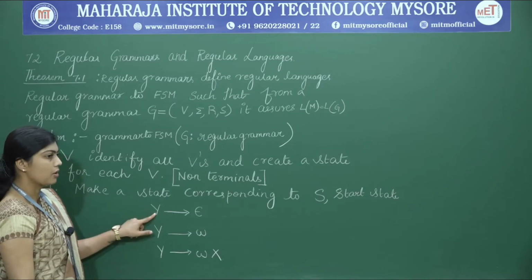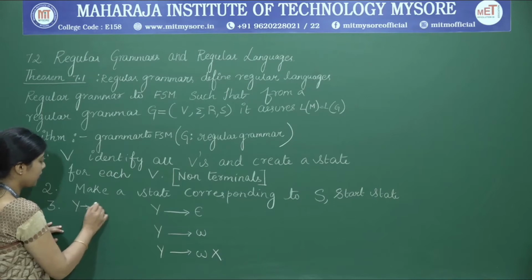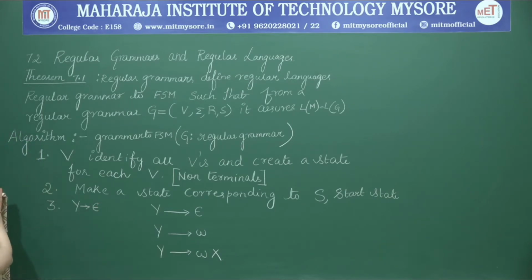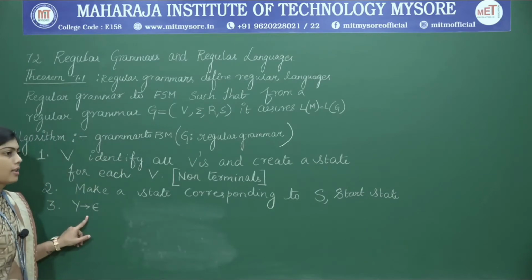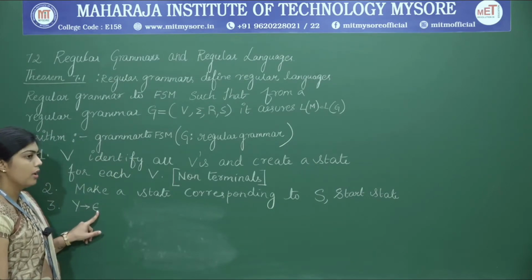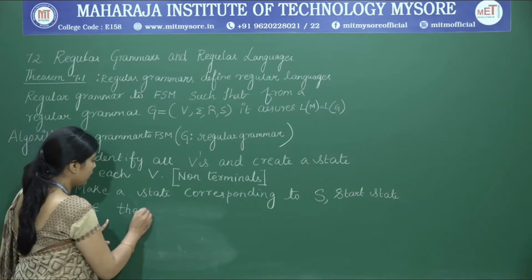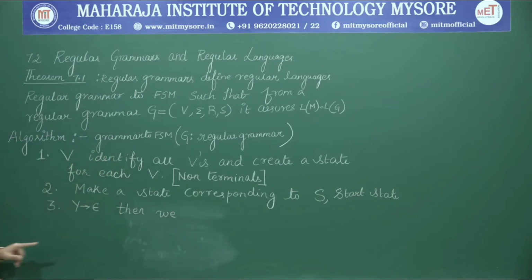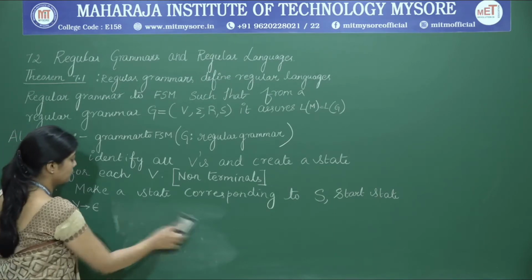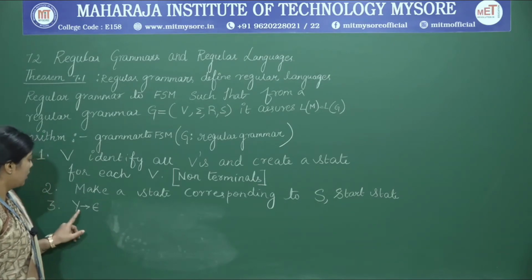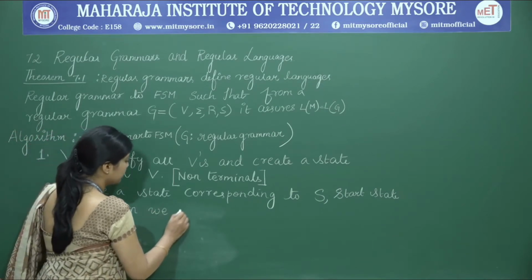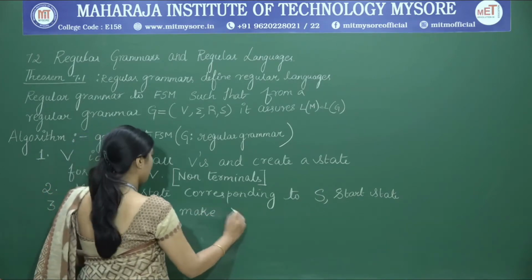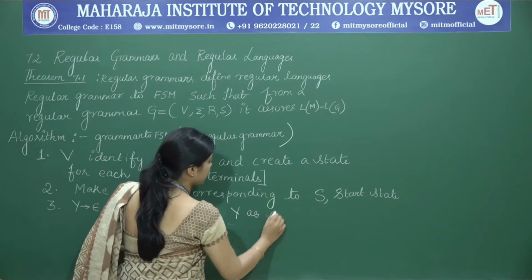In case we have a production where Y goes to epsilon, then we make Y the accepting state.